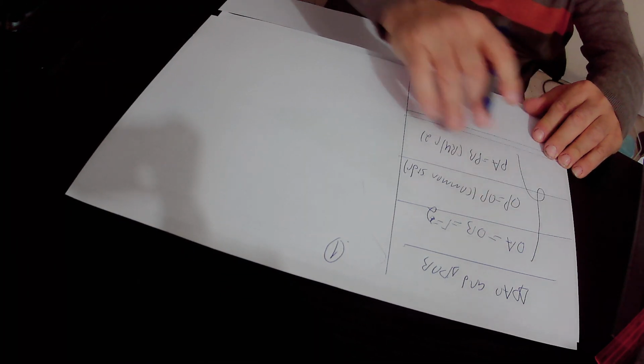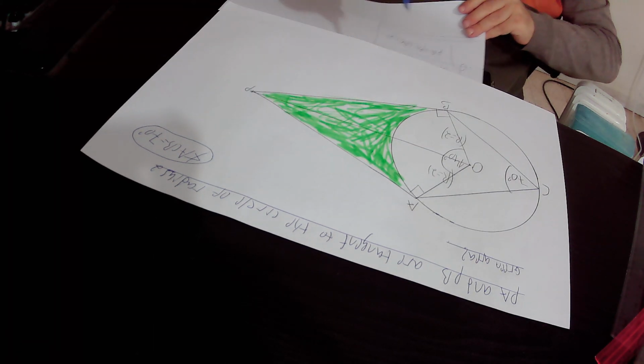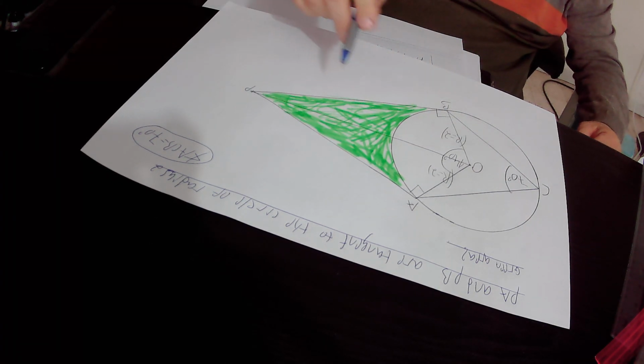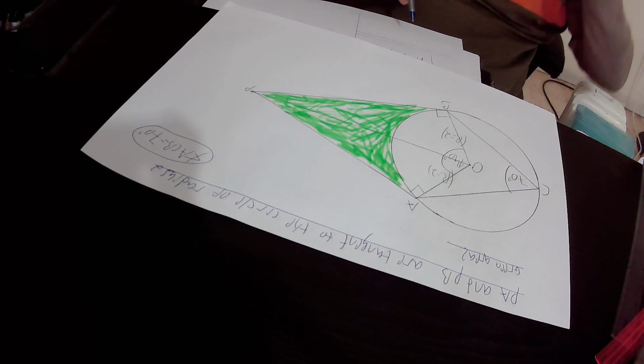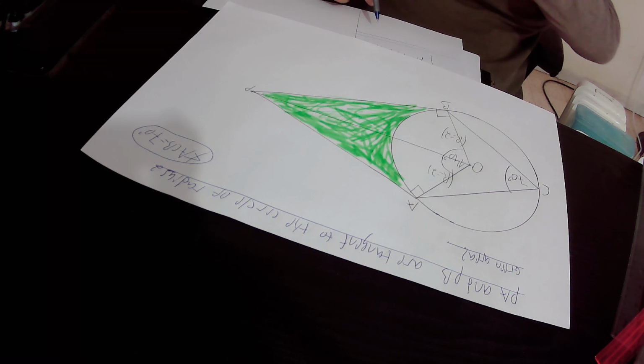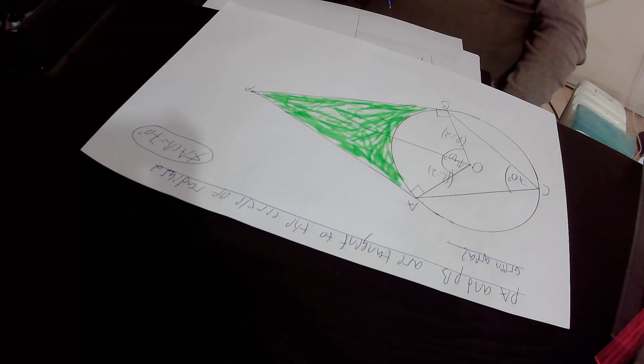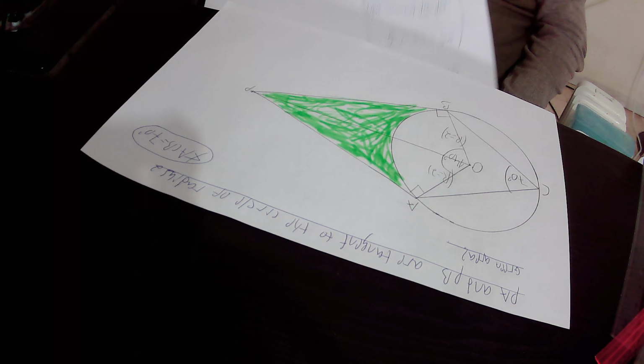So we actually proved that all three sides of the right upper triangle AOP are correspondingly equal to all three sides of the right triangle BOP. Therefore, those two right triangles are congruent according to the side rule. So I write it down.